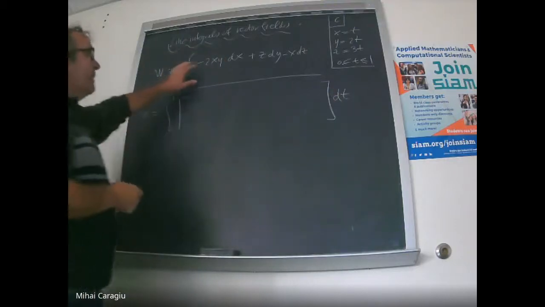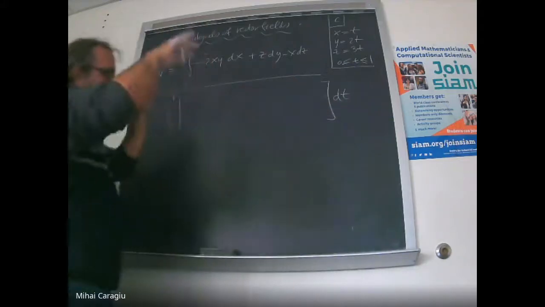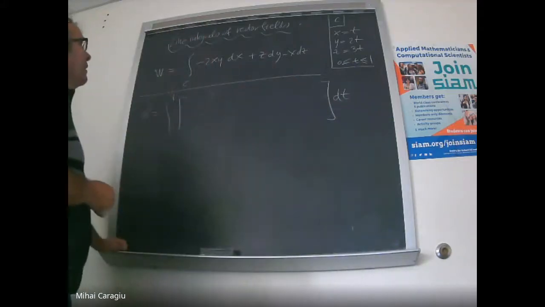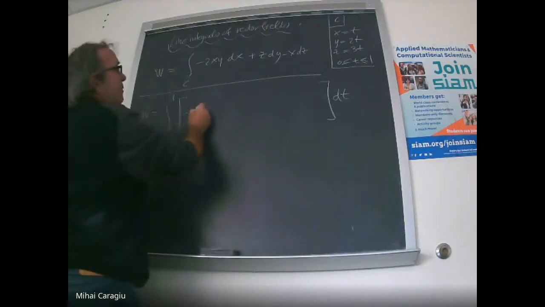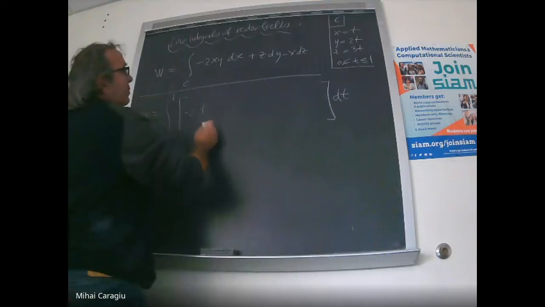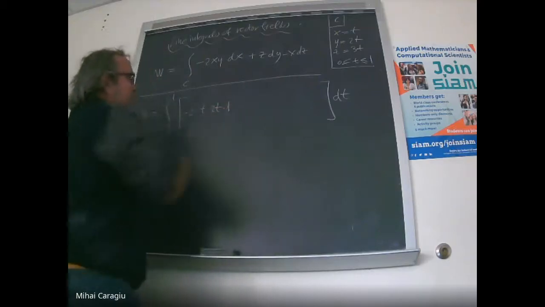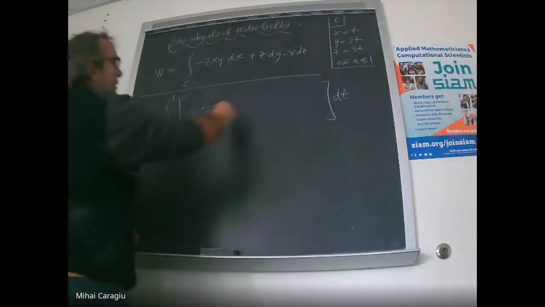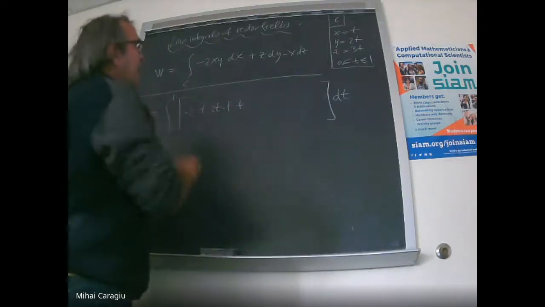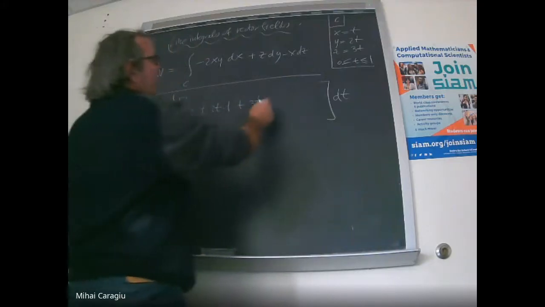So now let's replace everything here in terms of t and ultimately give dt as a kind of common factor. Let's write minus 2xy. So minus 2 times x is t, times y is 2t, times dx is 1 dt. So put times 1 so we have an idea where it comes from, plus z is 3t, dy is 2 dt.